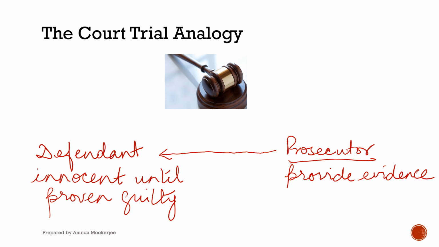Okay, so the prosecutor's job is to provide evidence against the defendant. Only then, and if it is credible evidence, if the evidence is strong enough, only then the jury system will decide if the defendant is guilty and make a pronouncement. All right?